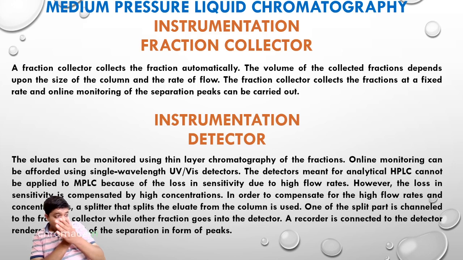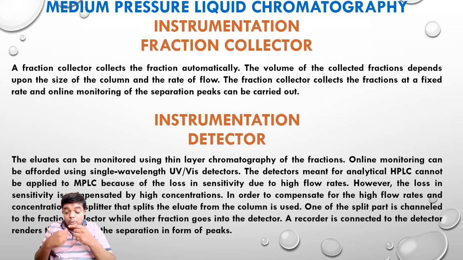The UV visible detectors used in HPLC are not the same that can be used in MPLC. You need a few modifications. You need them to be smarter, more sensitive to detect the quantity of the sample.